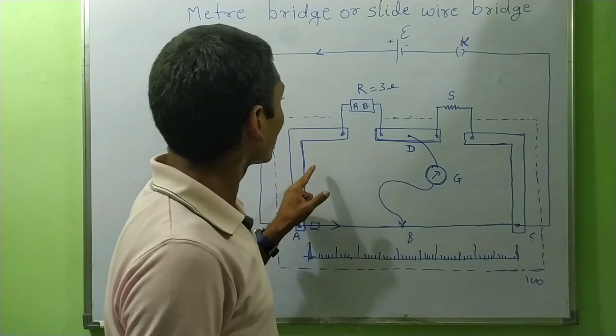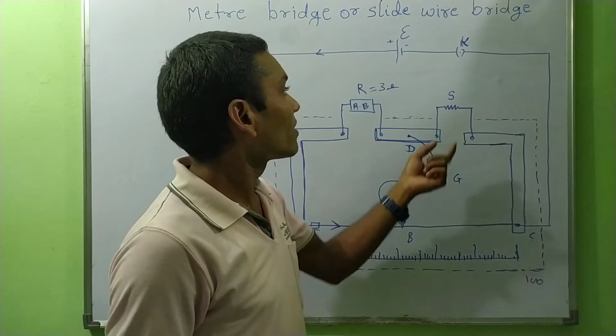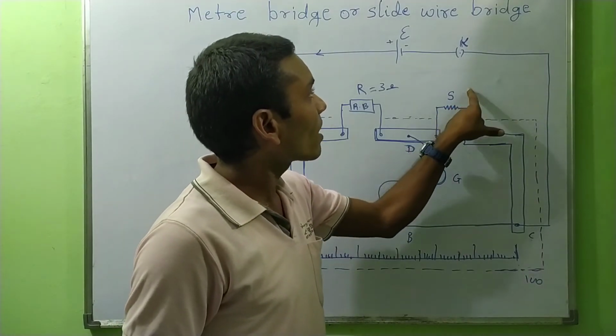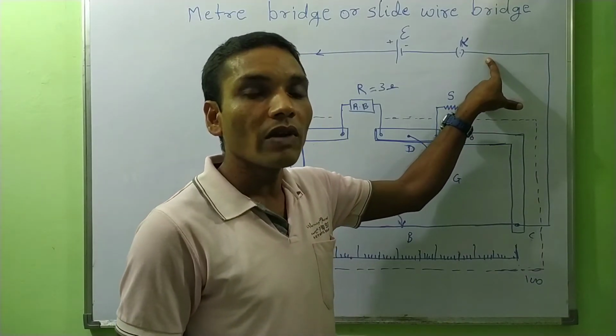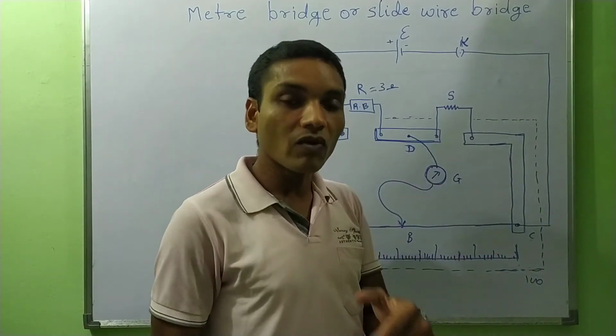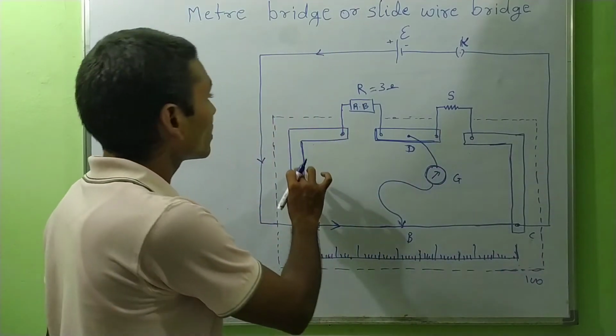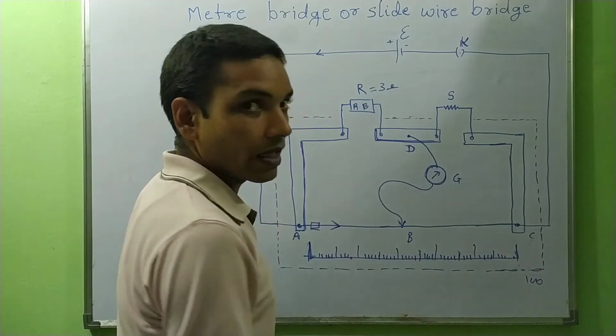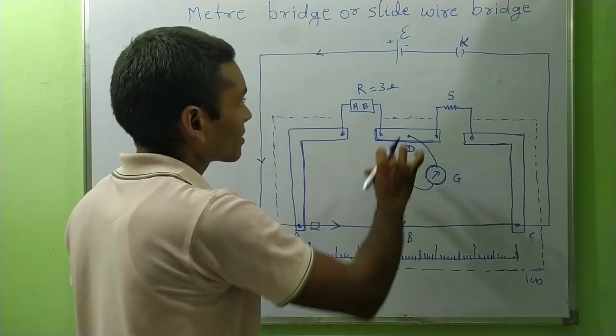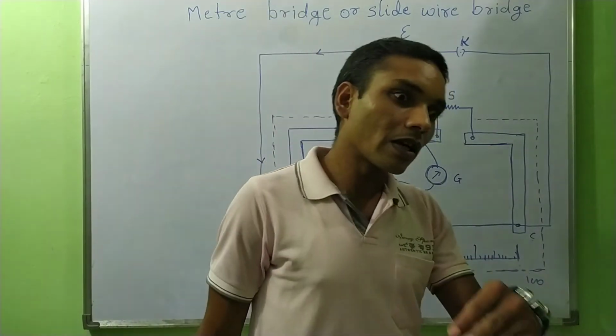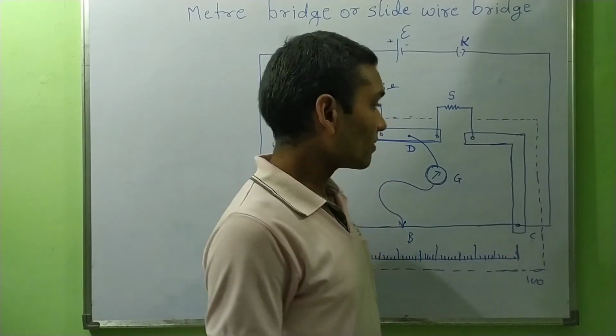If the current changes, then we will not be able to calculate the actual resistance of this unknown wire. That's why these should be of metals, and in these strips the potential drop should not be there.